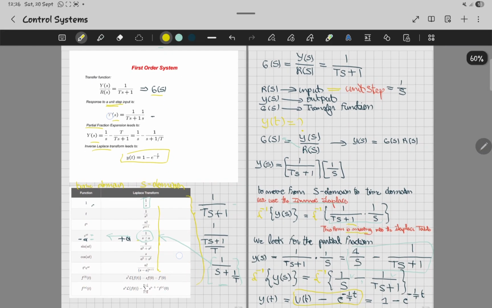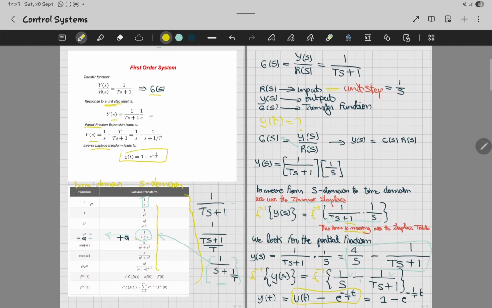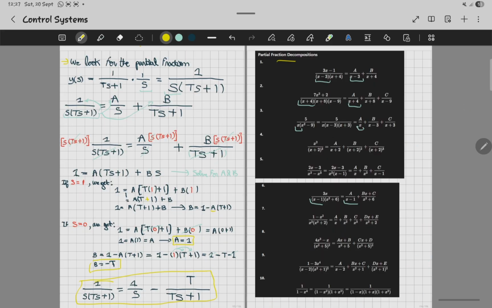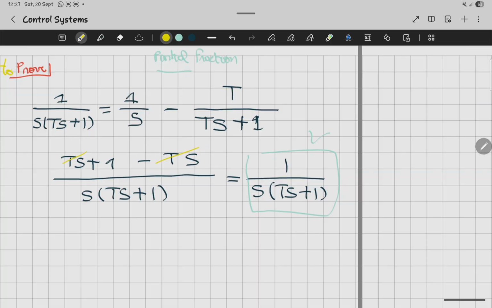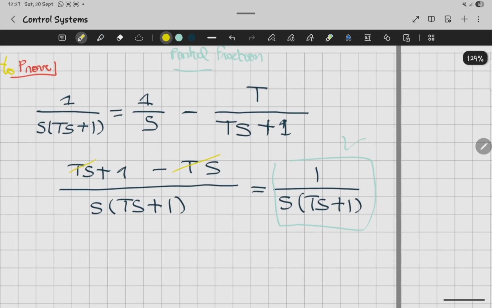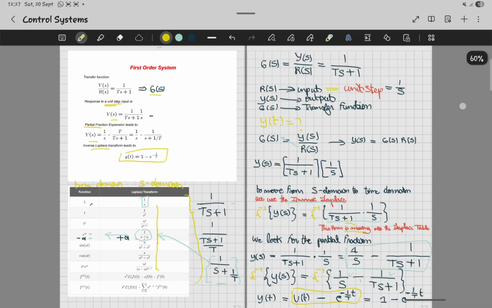So we just explained everything from the start to the end. Okay, this is where we started and where we finished, and this is where we did the partial fraction. Okay, and this is what we did to prove that the partial fraction is correct. Okay, this is it. All right then.